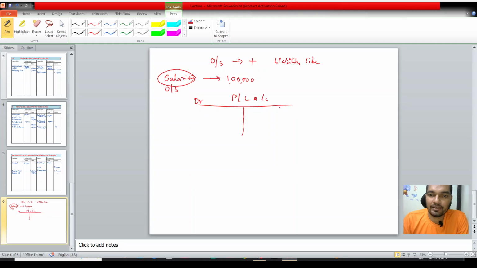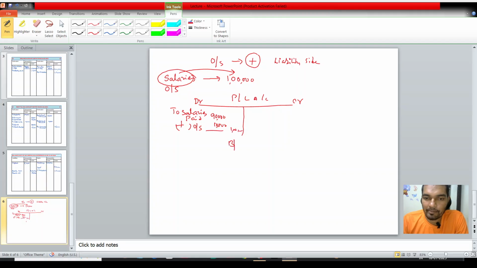Debit side. Salaries paid will be shown debit side. To salaries paid, 90,000 rupees paid. But how much salary company has to pay? 1 lakh. Till how much amount is due? 10,000 rupees. So that is the reason outstanding means add. Outstanding salaries 10,000 rupees. So it becomes 1 lakh.